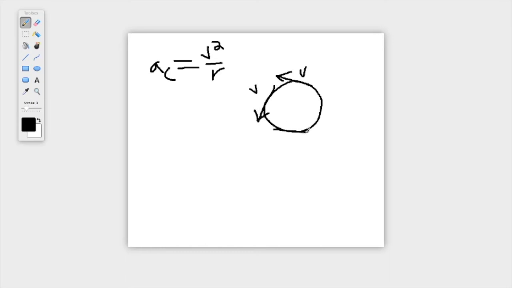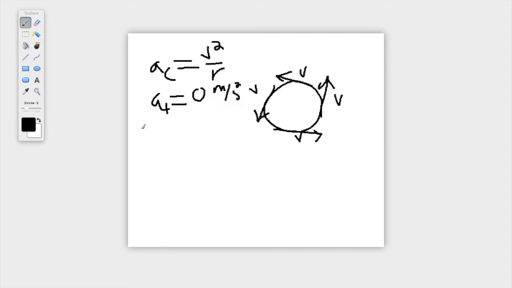But you might say, well, if it maintains a constant speed, wouldn't the acceleration be zero? Well, that's true for the tangential acceleration. That would be equal to zero. But remember, velocity is a vector.